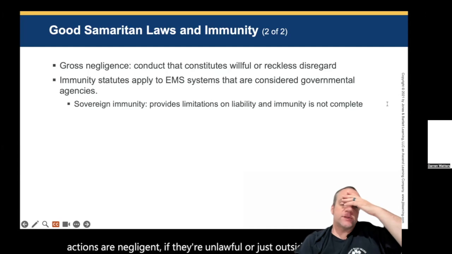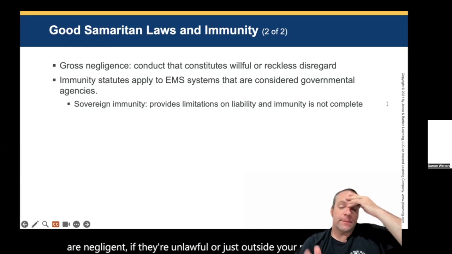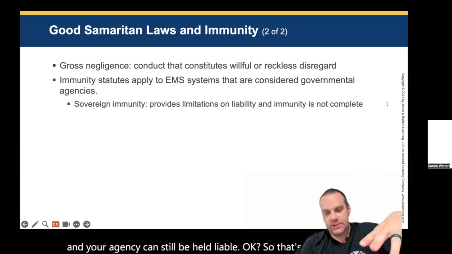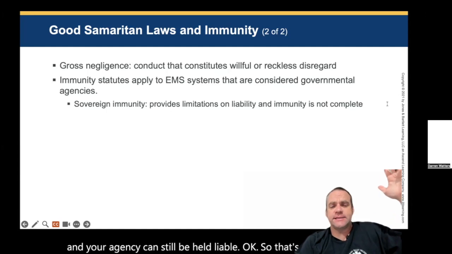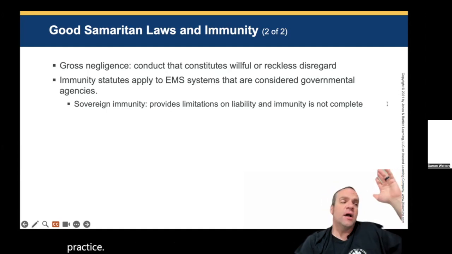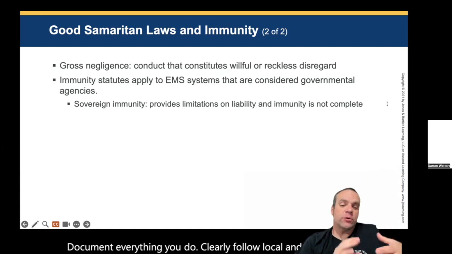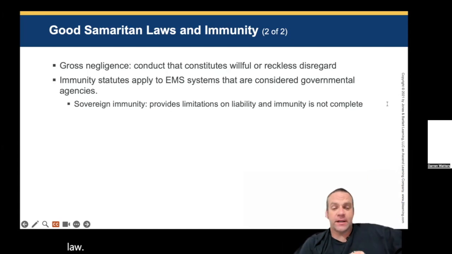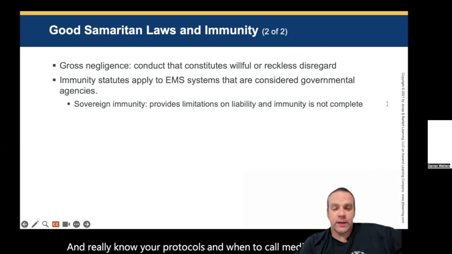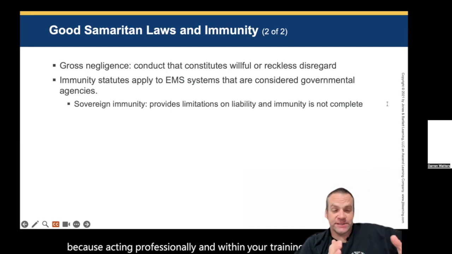That's why it's important to always stay within your scope of practice, document everything you do clearly, follow local and state EMS law, and really know your protocols and when to call medical control. Because acting professionally and within your training is always going to be the best protection for yourself, both legally and ethically.